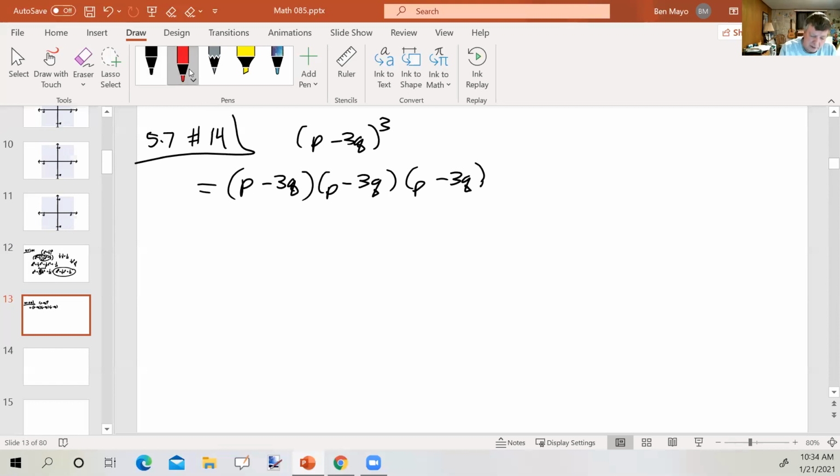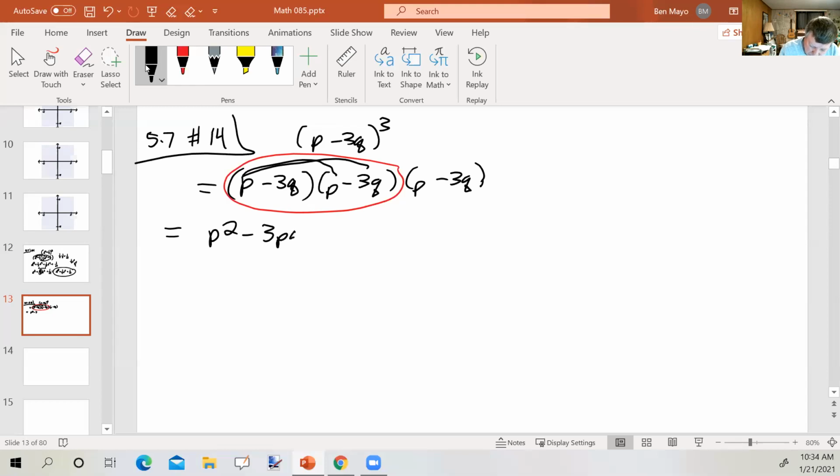We're going to multiply two of those factors together, simplify it, get the results, and then take that result times the third factor. So starting off, I get p times p, or p squared, p times minus 3q, which is minus 3pq, minus 3q times p, which is minus 3pq, and then minus 3q times minus 3q would be plus 9q squared, okay? So we've got all of that times that third factor of p minus 3q.